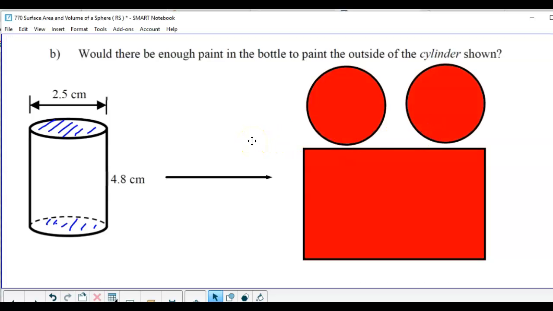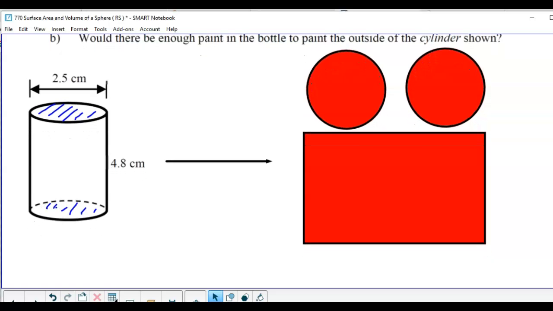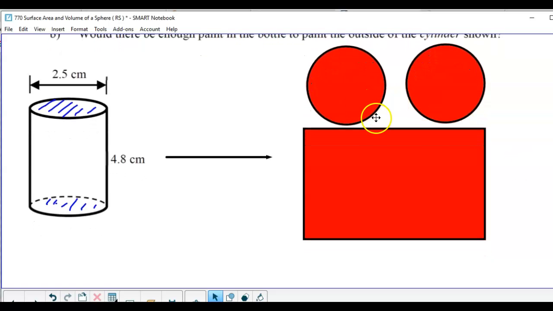The circle would be at the bottom. So we could have this rectangle, if this height is the same as this one, then this would be at the top, and then we move this one.